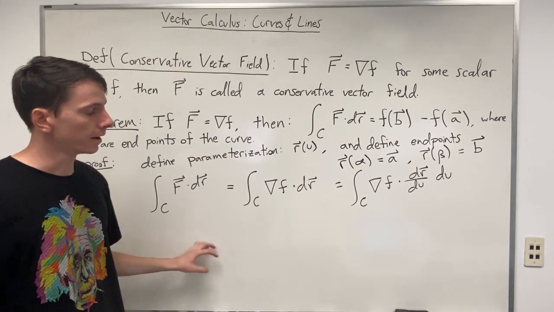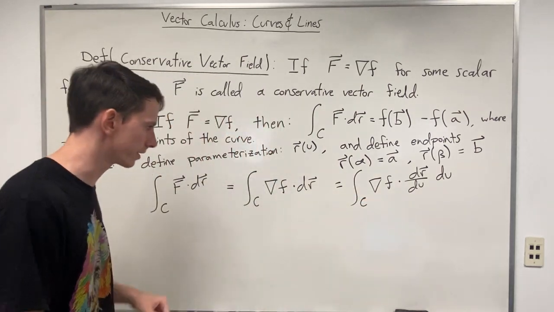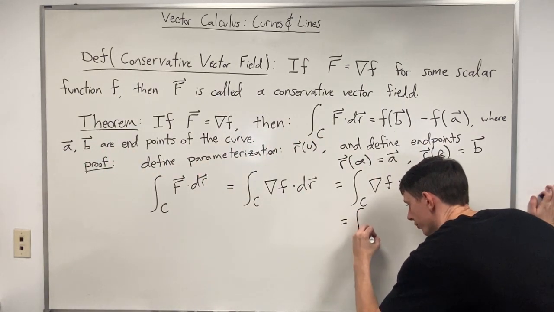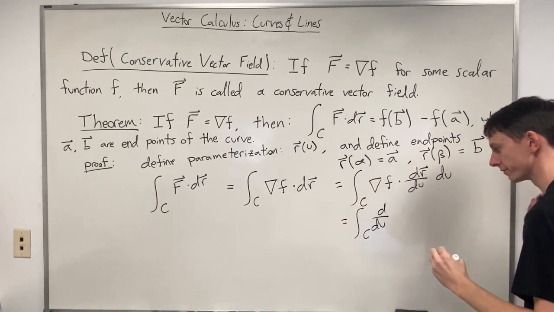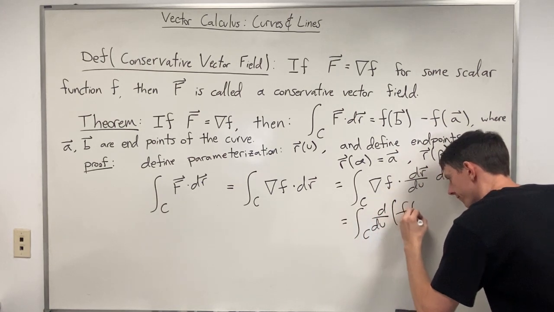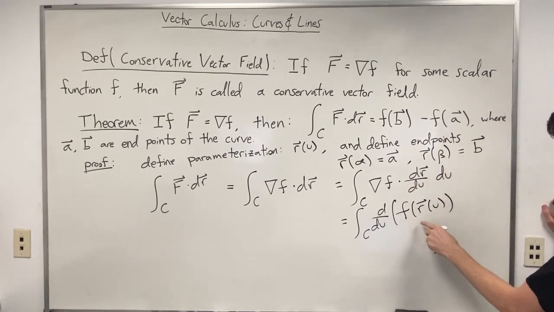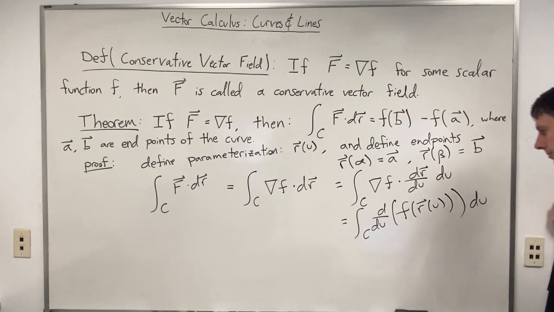Okay. So it turns out that with this line right here, you can rewrite it like this. You can rewrite it as the integral of your curve, and you can rewrite it as the u derivative of f of r, which is itself a function of u, with one more set of parentheses, du.